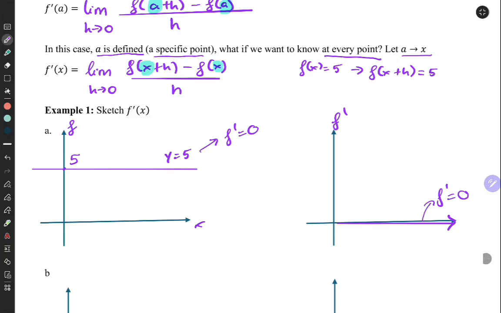If I draw a straight line like that, it's decreasing. A flat line doesn't increase and doesn't decrease. Therefore, the rate of change, the derivative, is 0 everywhere. Make sense?